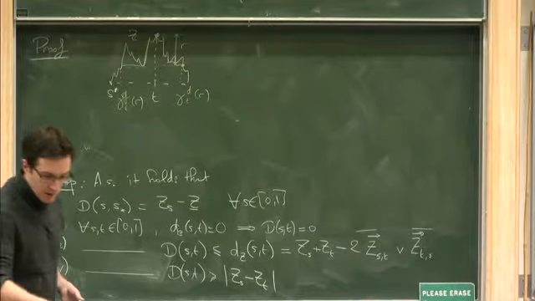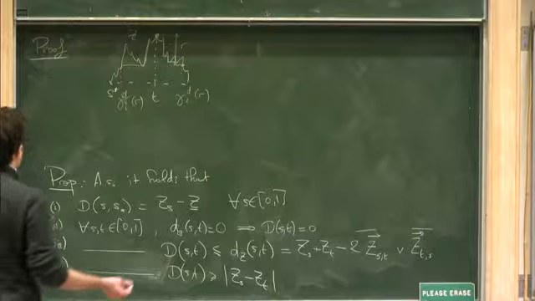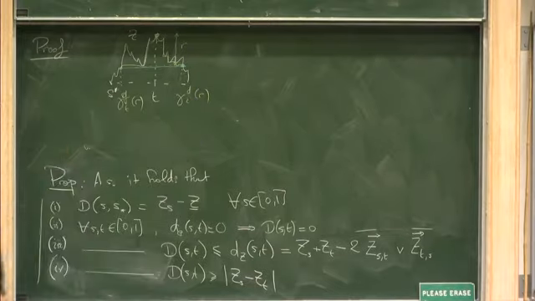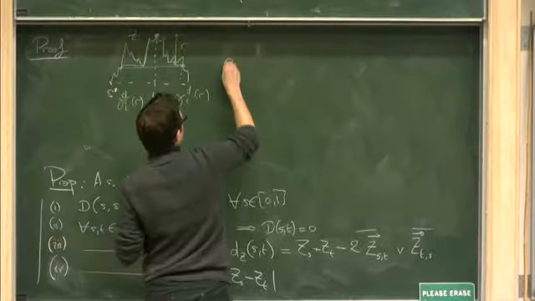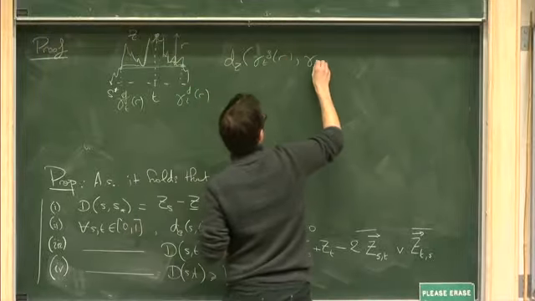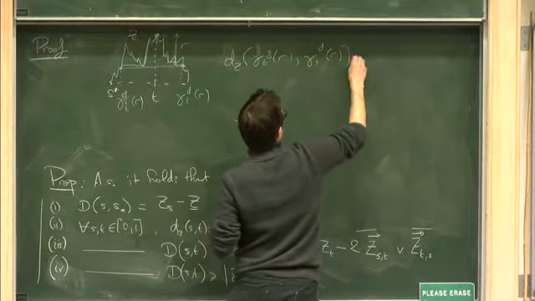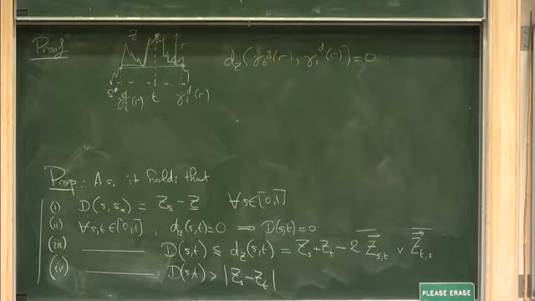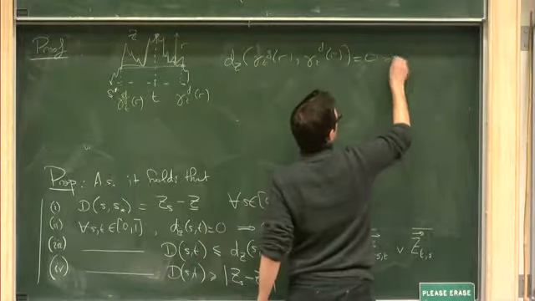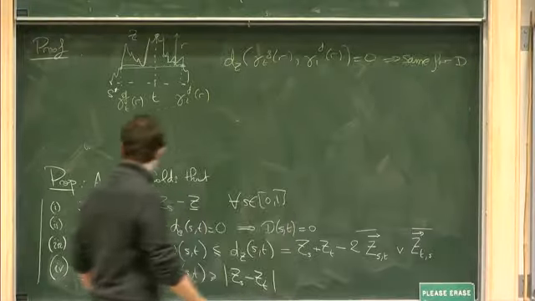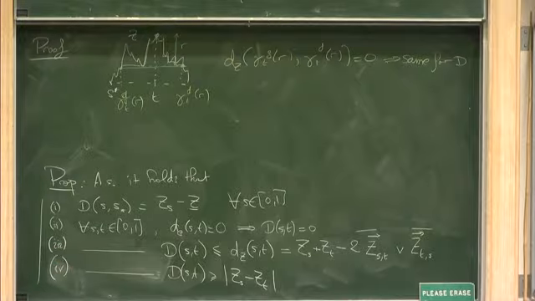Now what you can see immediately is that these 2 points just face each other under the graph of the function Z. Therefore, the distance between gamma g of R and gamma d of R for this Z process is equal to 0. So the same must be true for D by this property here.